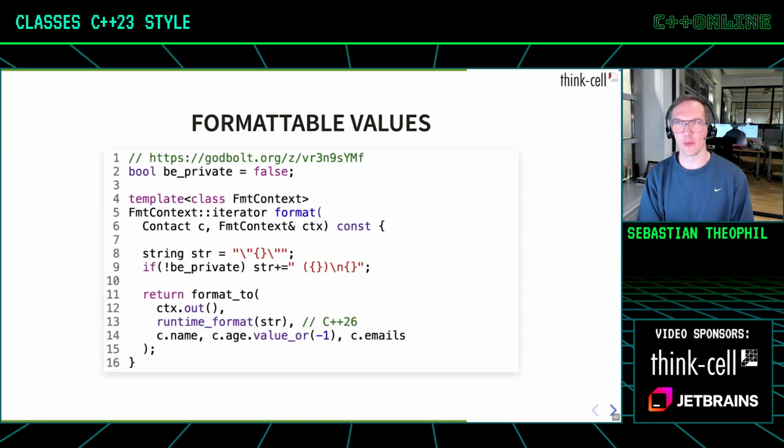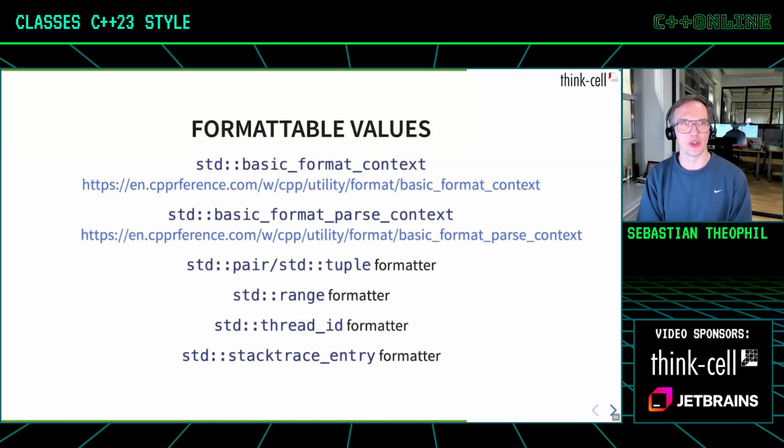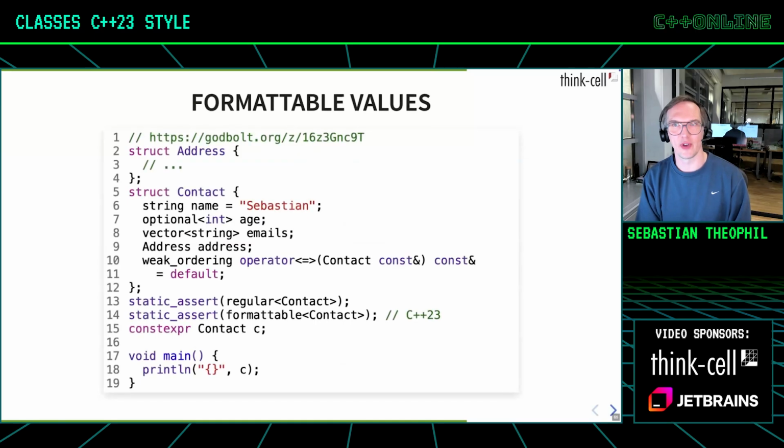Okay, so that's formatting types. So there's more documentation about the format context, the parsing. There are built-in formatters for pair, for tuples, for ranges, thread IDs, stack trace entries. They're also new in C++23, I believe. So now we have a pretty useful value type, right?